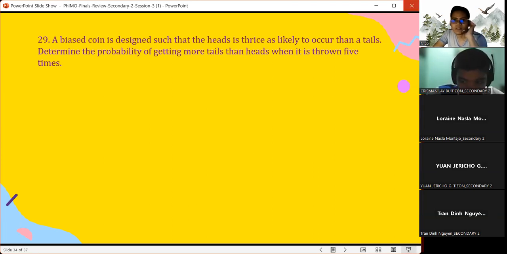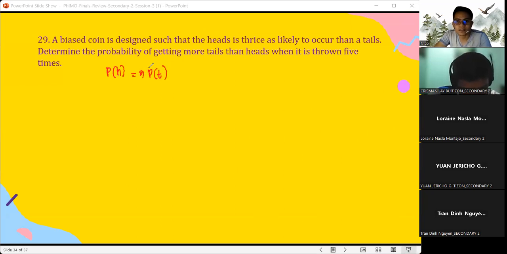So a biased coin is designed such that the heads is thrice as likely to occur than the tails. Supposedly, the probability of getting a head is equal to 3 times the probability of getting a tail. We know that the probability of heads plus the probability of tails is equal to 1.